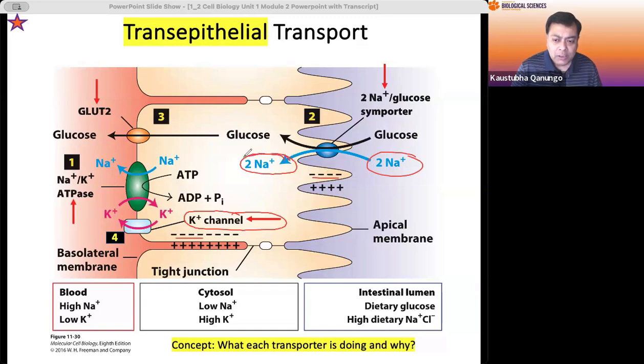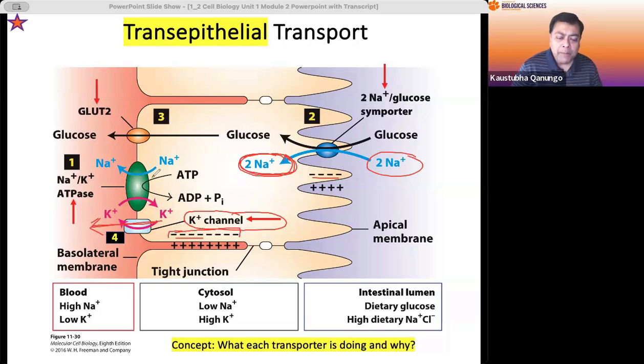So as the sodium is coming in, it is moving the potassium out, so that plus charge is coming in, plus charge is leaving. This is a fast mechanism, because remember that channels are faster, so the electroneutrality, or the difference, is maintained.